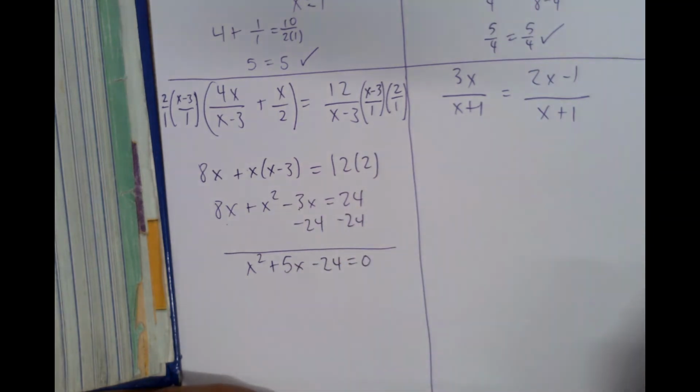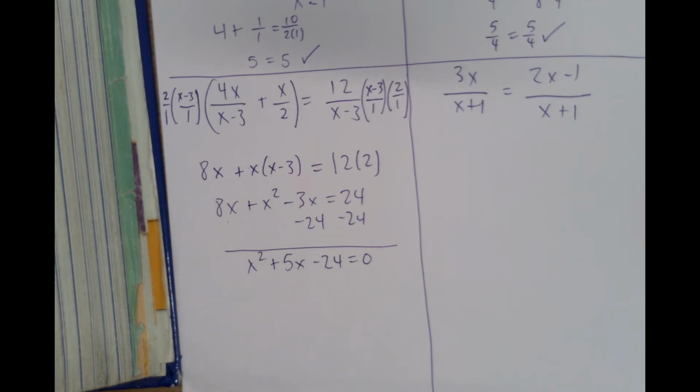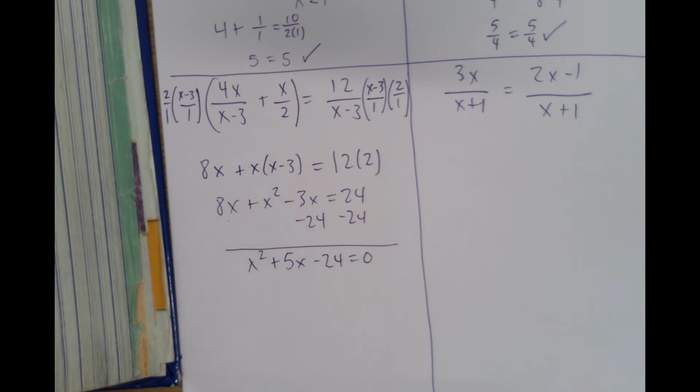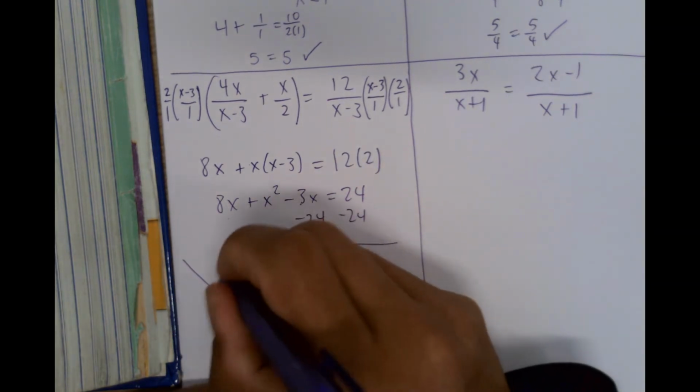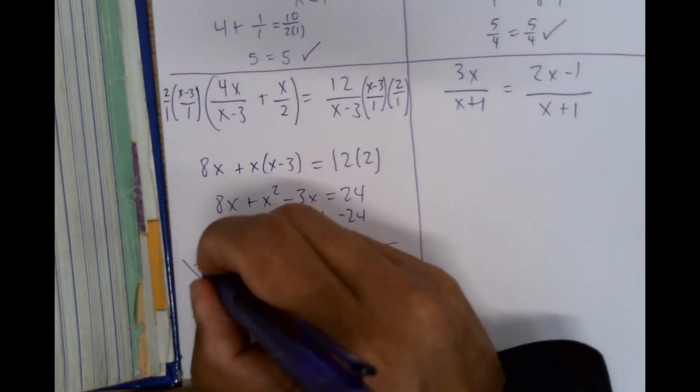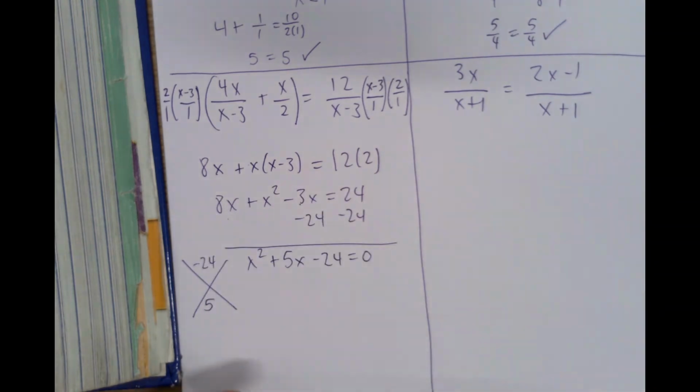Now I can factor. So now would be the perfect time to draw an x. Then you can solve. You could say, well, negative 24 on top, 5 on the bottom. You want to think about two numbers that when multiplied equal the top, but added together equal the bottom.